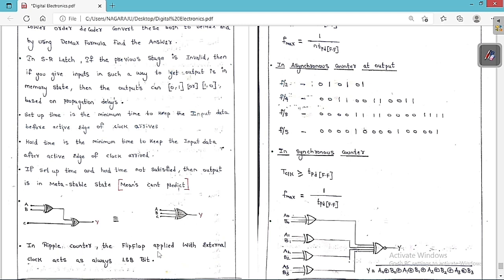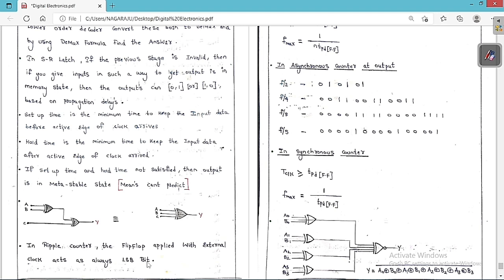So in a ripple counter, the flip-flop applied with the external clock acts as the LSB bit always. I already told you, in a ripple counter, the output of one flip-flop is given as a clock for the other.